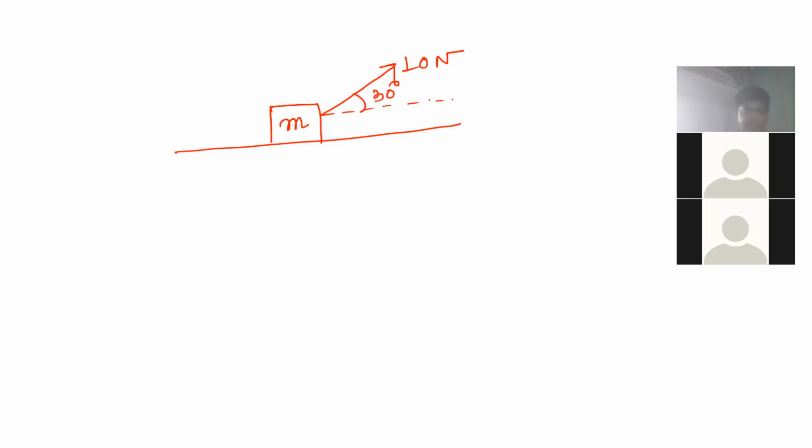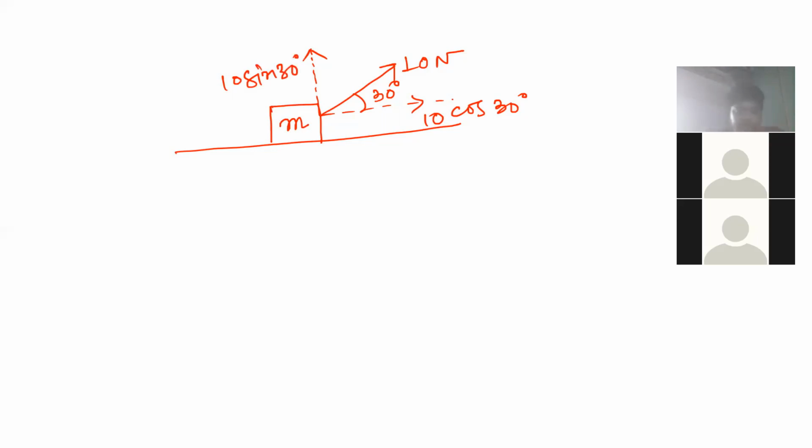In the previous case, we have learned that the horizontal component should be 10 cos 30 degrees, and the vertical component should work in this direction. It will be 10 sin 30 degrees, right?